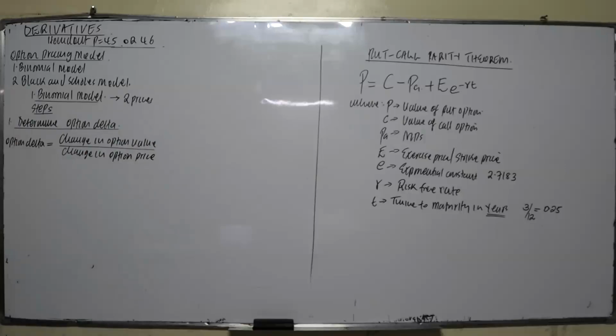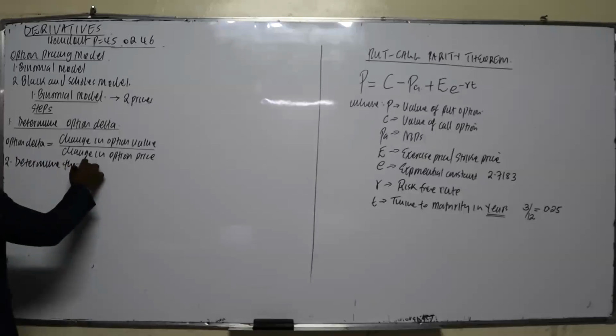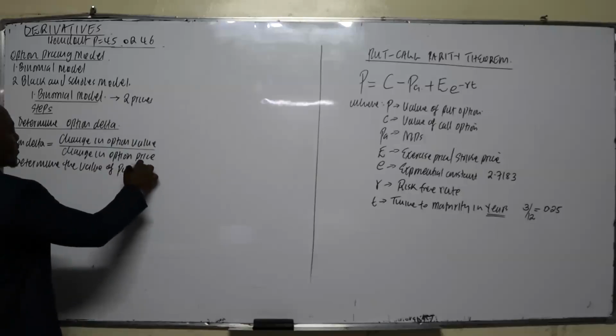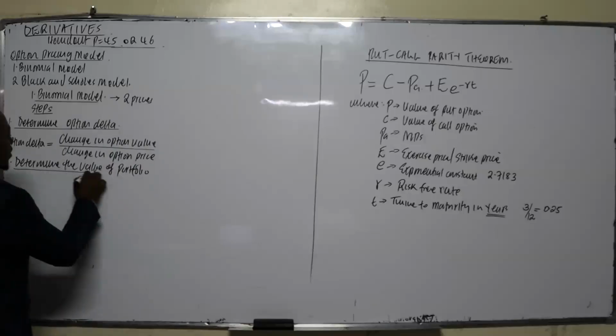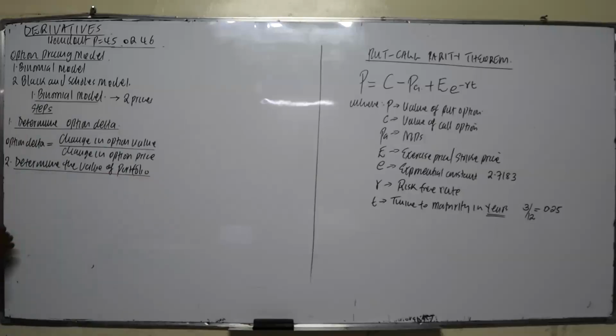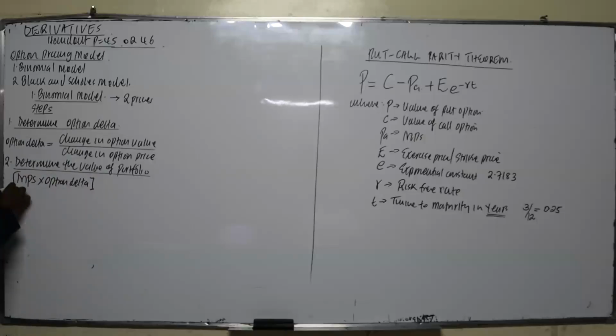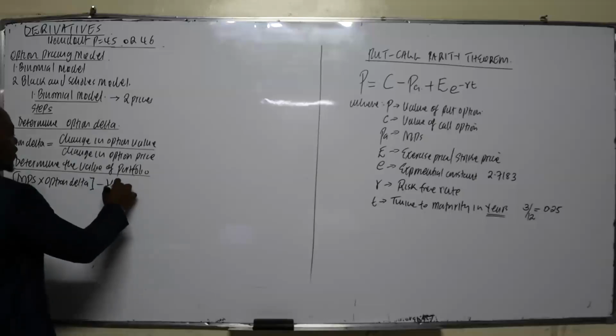So that's the first step. When you have the option delta, step number two, you need to determine the value of the portfolio. To get the value of the portfolio, you take the market price per share, you multiply by the option delta, and then you deduct the value of the option.